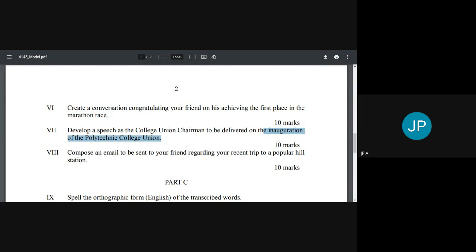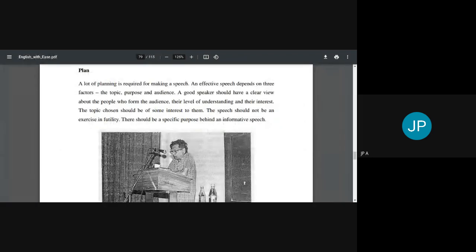That is why this planning is very important. You should have a clear idea about the people who form the audience, their level of understanding and their interests. When you prepare a speech, it should not be an exercise in futility.